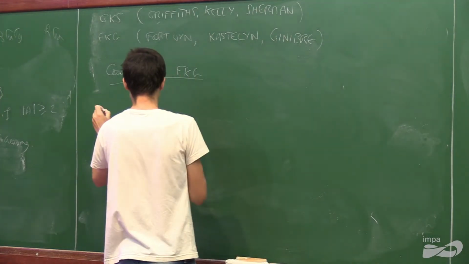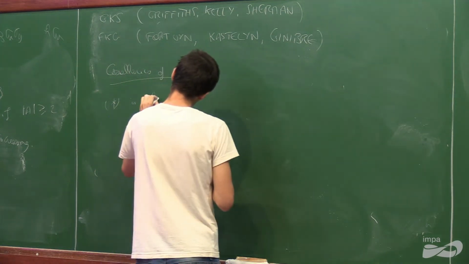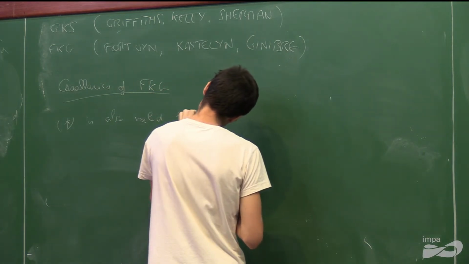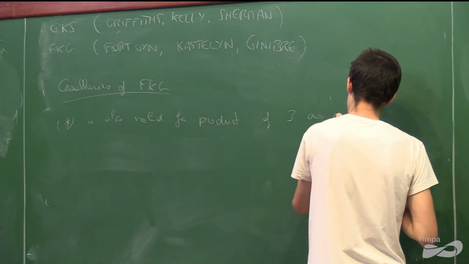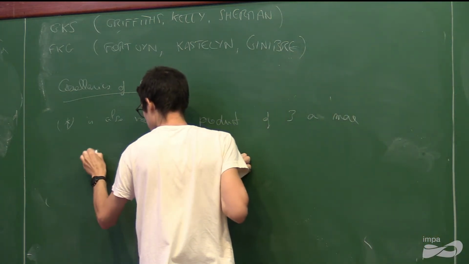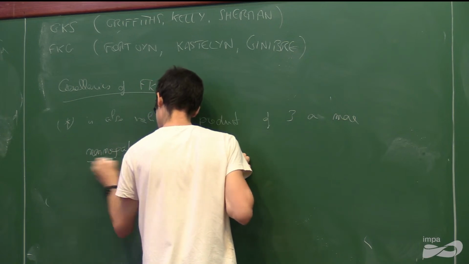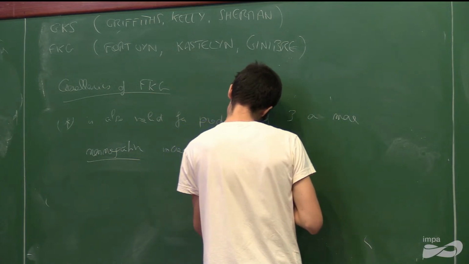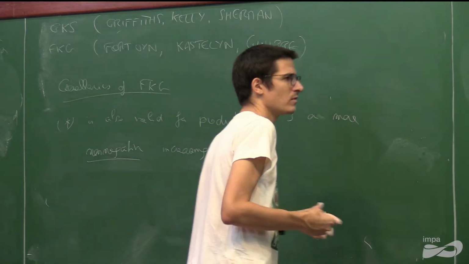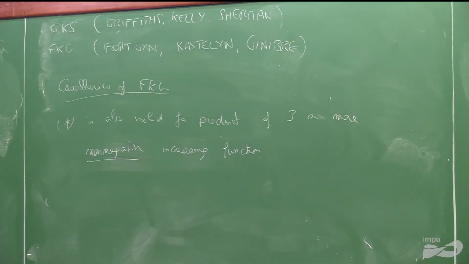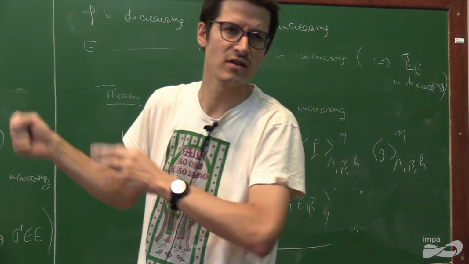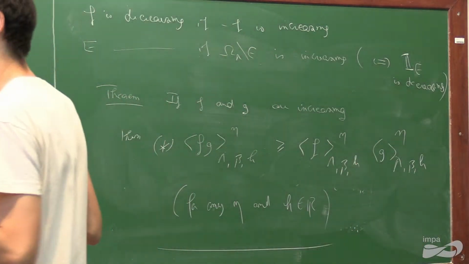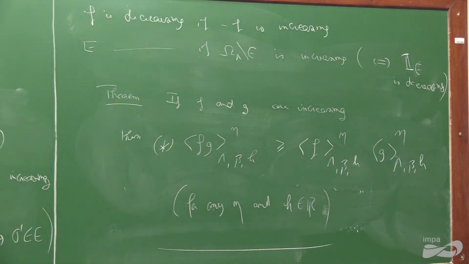So okay, like for Harris inequality, here you can say that well, the expectation of FGH is larger than the expectation of F times the expectation of G times the expectation of H. Or you can do it for any product of K functions. But for this, you need the functions to be non-negative.